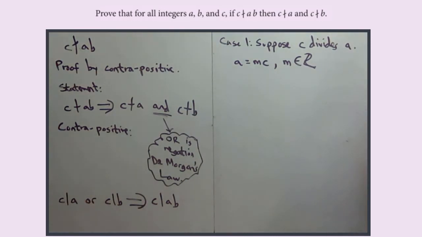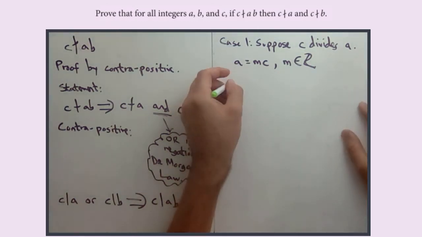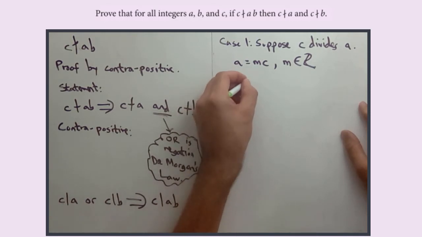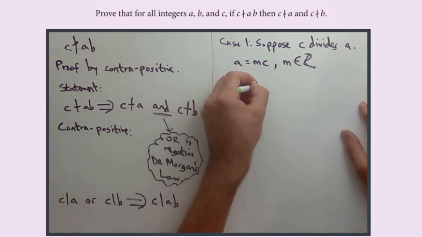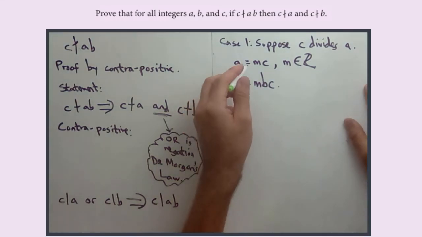If we get an expression for AB, we just need to multiply both sides by B. So AB equals MBC. Remember we're looking to show that C divides AB.